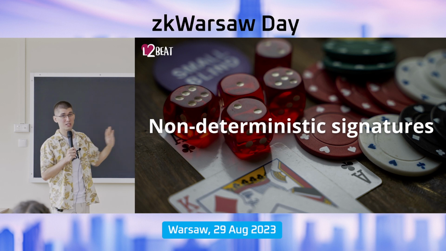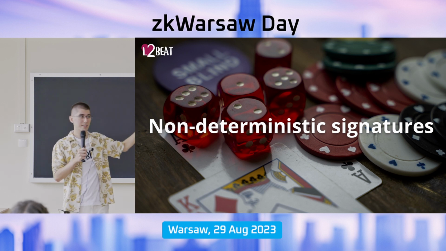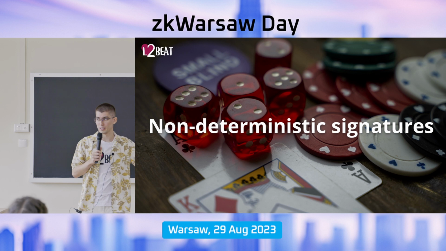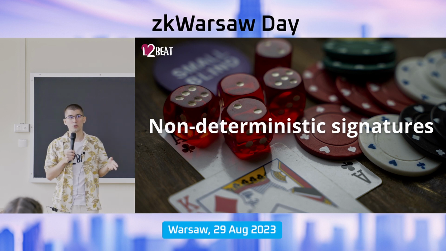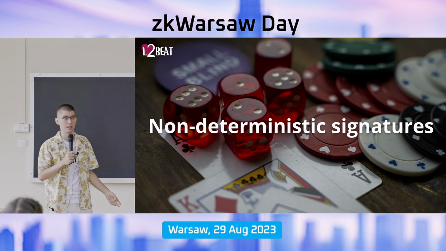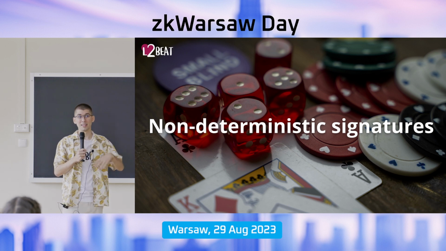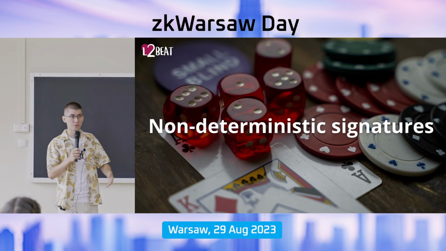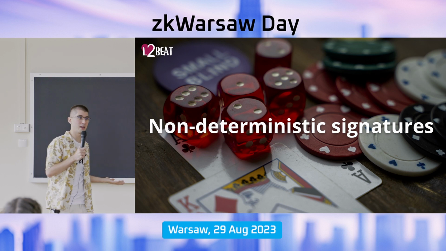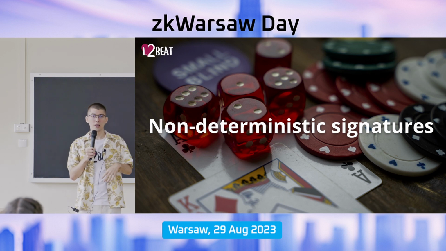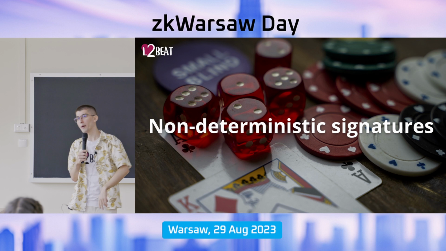Now, this is all well and good, but unfortunately, there are some problems with this scheme. I think the biggest one is the fact that signatures can be non-deterministic. This is a well-known property of ECDSA, the elliptic curve digital signature algorithm, that you get to pick a random number whenever you sign. And if you pick the same number again, you can leak your private key. It's very bad.